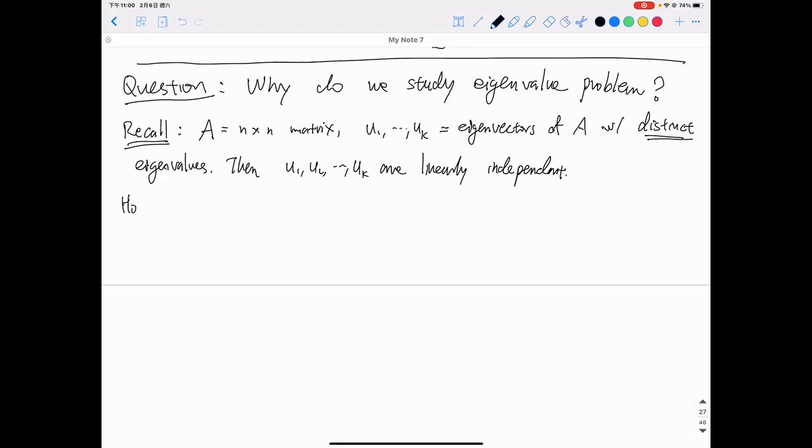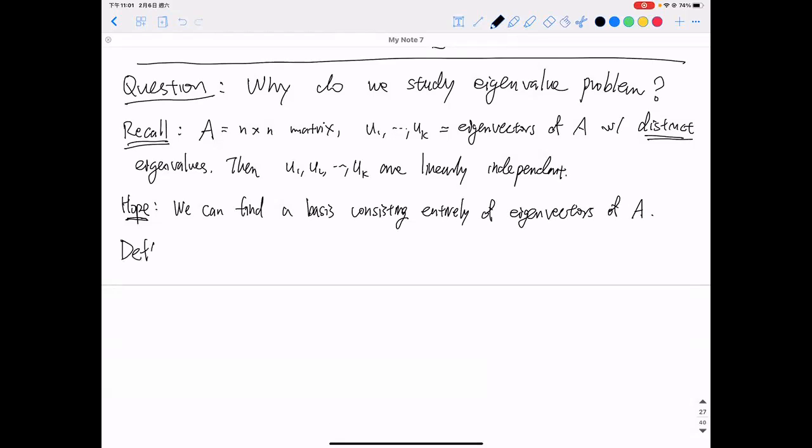So what we have secretly been hoping for is that maybe we can find a basis consisting entirely of eigenvectors of A. And so what we're going to need to do now is to formalize this.